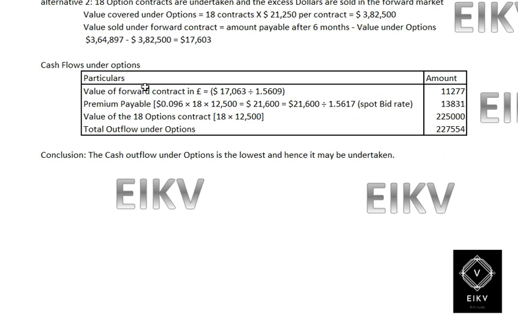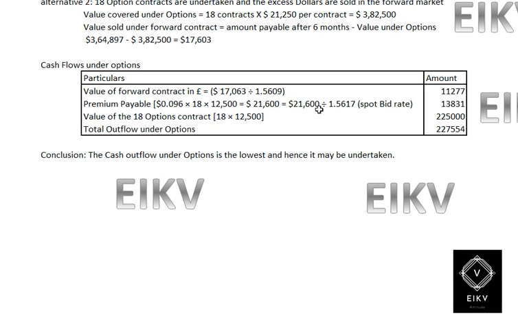So the cash flow under this option will be the value of forward contract, which will be 17,603 divided by 1.5609, which is 11,277. The premium payable would be 0.096 into 18 into 12,500.